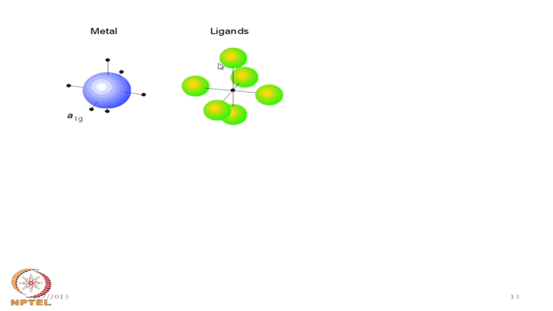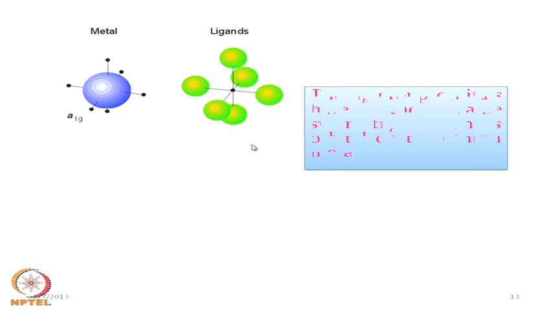The green balls are the ligand orbitals, either hybridized orbitals or the lobes from pure p orbitals. They are overlapping with this spherically symmetric arrangement, so we have the matched ligand orbitals with the metal orbital of A1g symmetry.